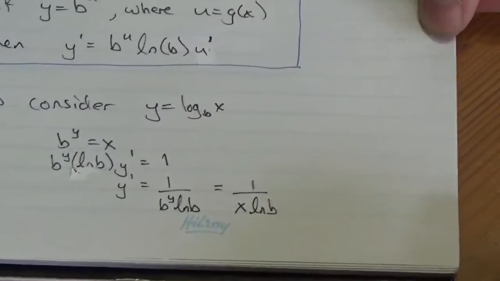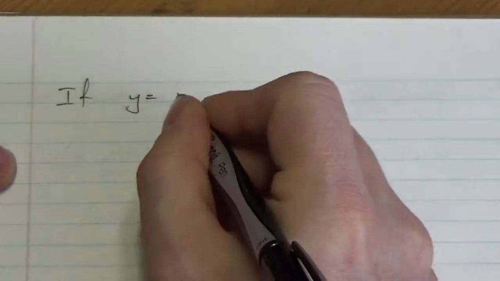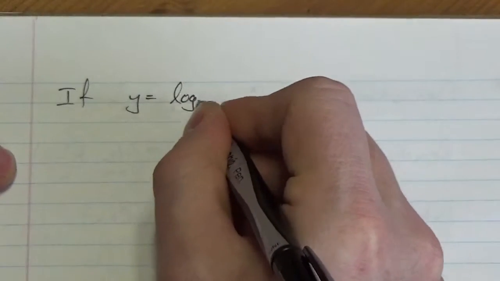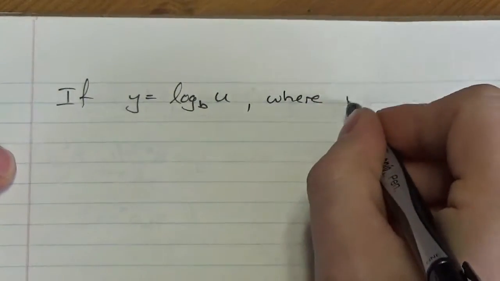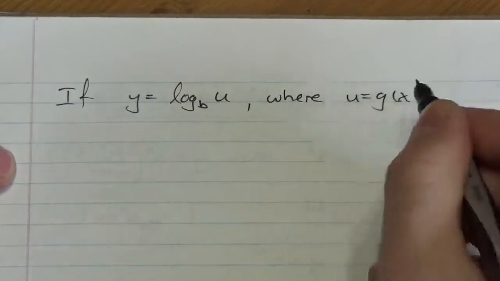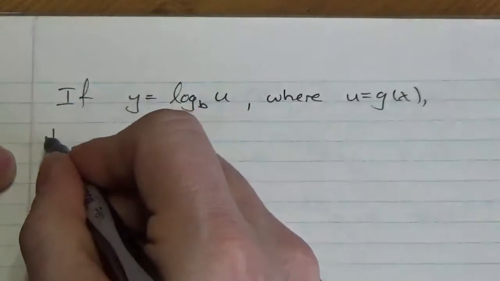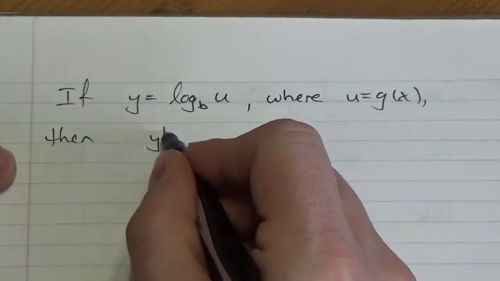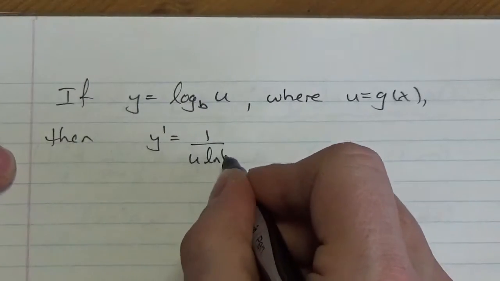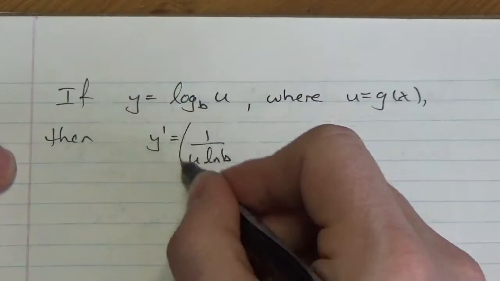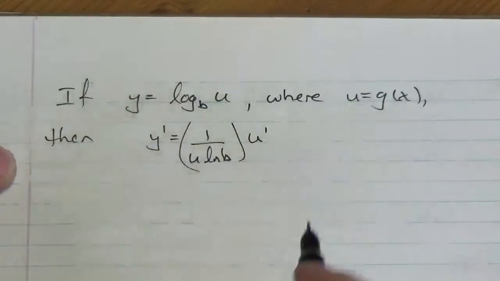So let me write that out as a rule here. If y is equal to the log base b of u, and once again where u is some function of x, then y prime is going to equal 1 over u natural log of b, and then you're going to have to multiply this by u prime.